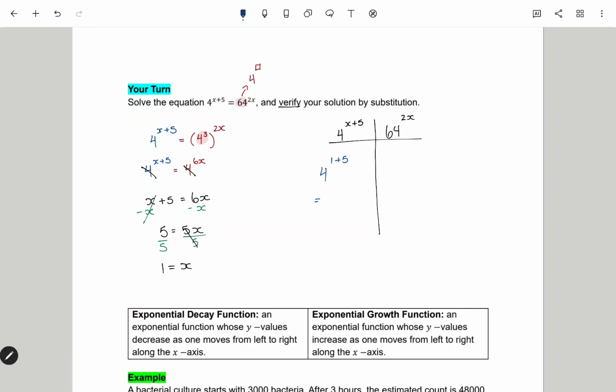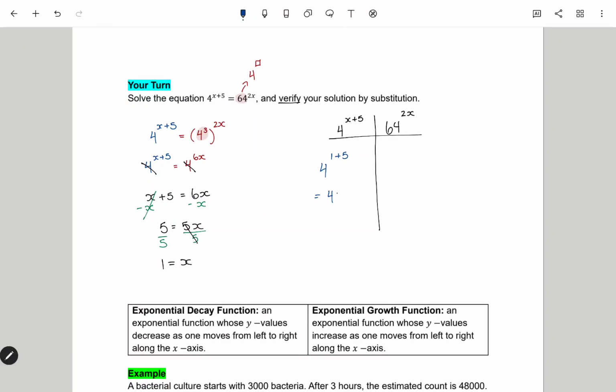Well, if we put that into our calculators, which equals 4,096. Right hand side again, we're going to just sub in 1 for x. Put that into our calculator, get 4,096. So left hand side equals right hand side. So we know the solution is correct.